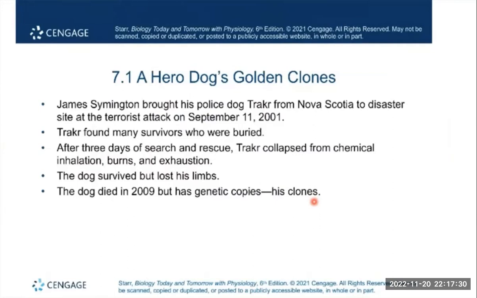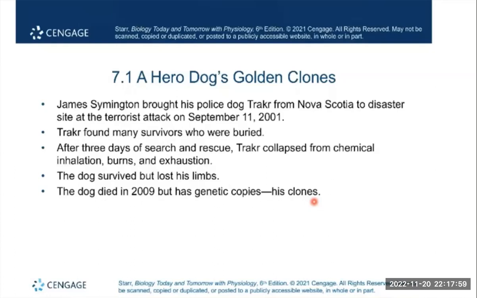And James Smithington brought his police dog Tracker from Nova Scotia to a disaster site, and was able to find many survivors. Yet in doing so, suffered quite a bit. This police dog collapsed from chemical inhalation, burns, and exhaustion.